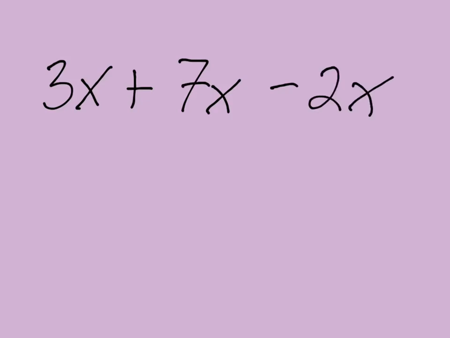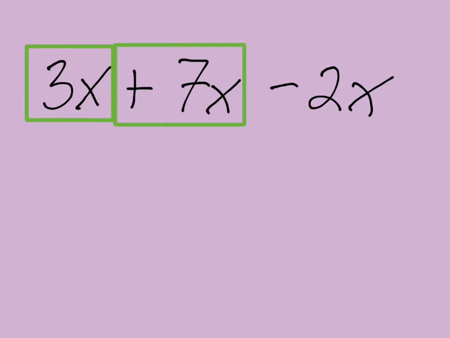If I have 3x plus 7x minus 2x, these all three are like terms because they have the exact same variable combination, including exponents. So what we take is the number in front of the variables. It's called the coefficient.